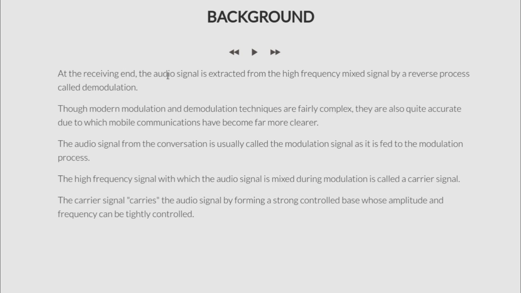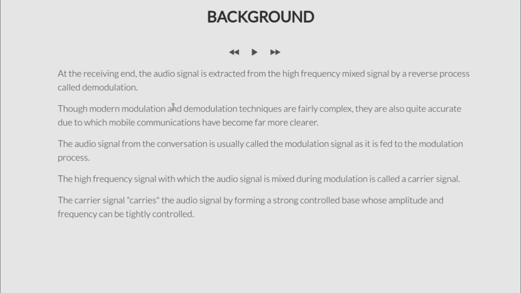Now at this receiving end, the audio signal has to be extracted, the reverse process. In the first case, we had mixed the audio signal with a high frequency signal. Now we are extracting the audio signal from the high frequency mixed signal. This reverse process is called demodulation. So at the sending end, we had modulated it. Now at the receiving end, we are demodulating it.